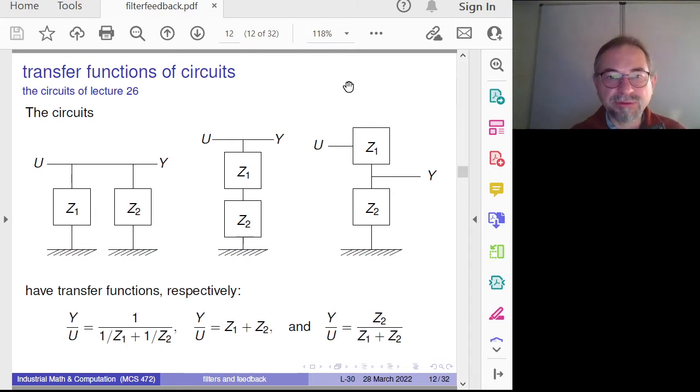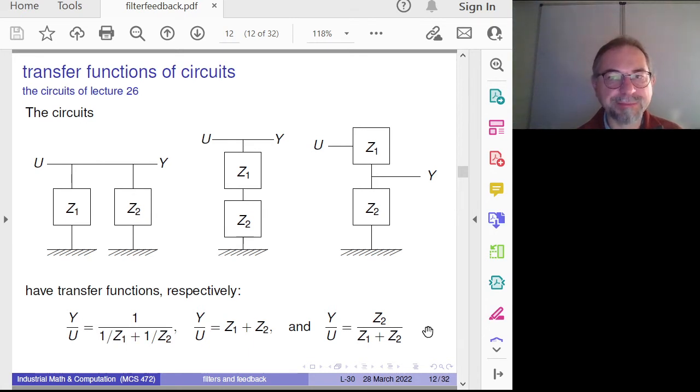And then we had this useful network, which I left as an exercise to show that the transfer function equals this. So we have the expressions for making transfer functions using the transfer functions for the components.